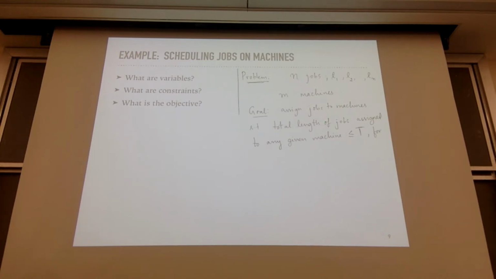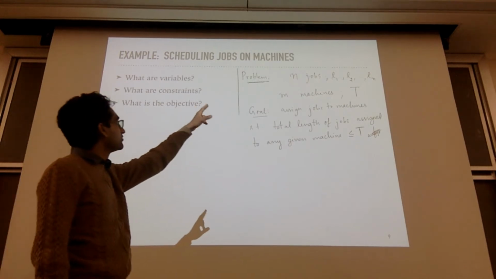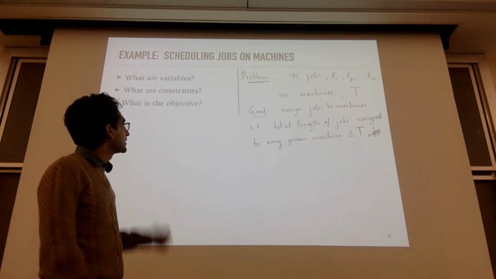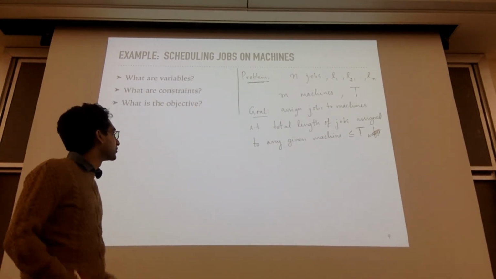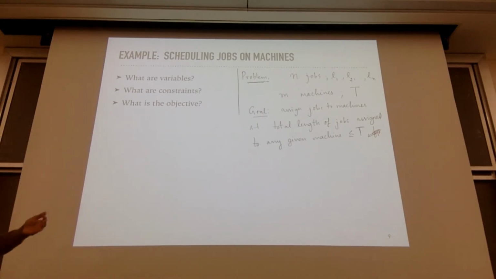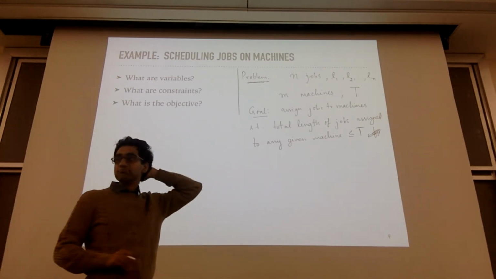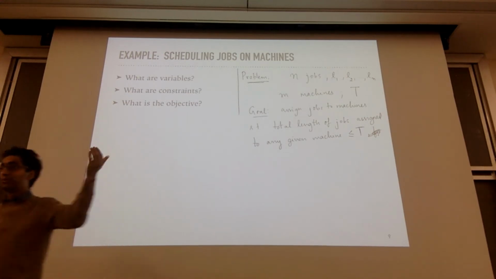So your input also consists of some number t. You're given some length bound. This is like the total amount of time you have. You want to assign each job to one of the machines so that they all finish before time t. And your goal is to do this for a given t. Ideally your goal would be to minimize the t.